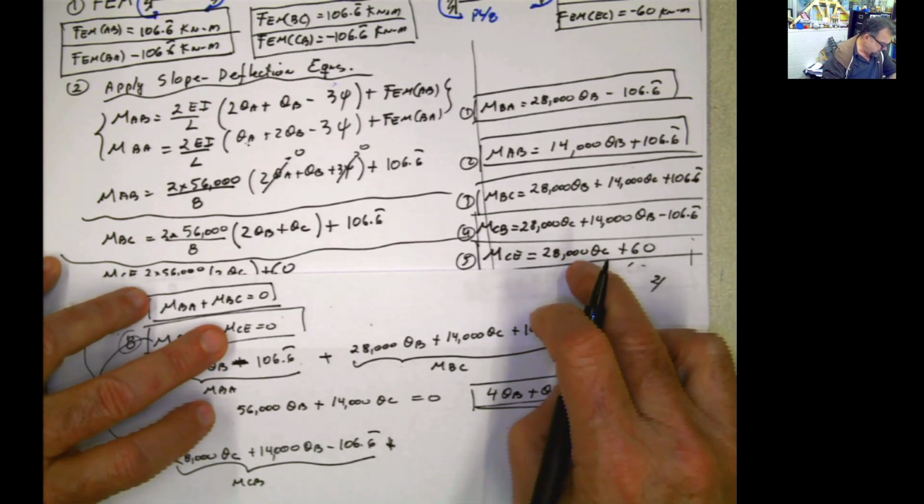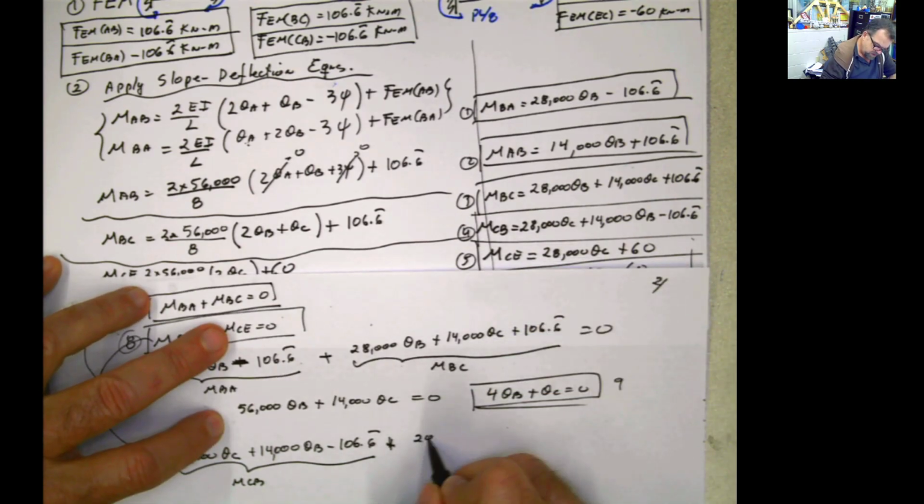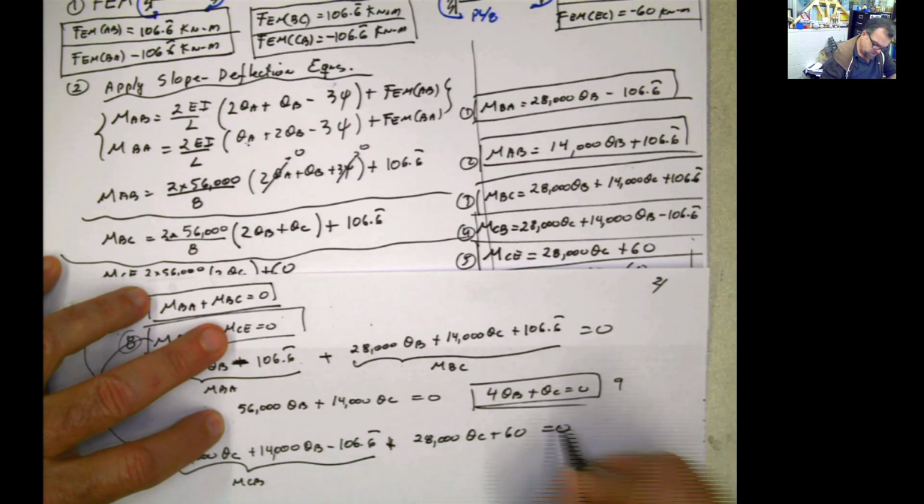MCE is here, 28,000 theta C plus 60 equals 0.